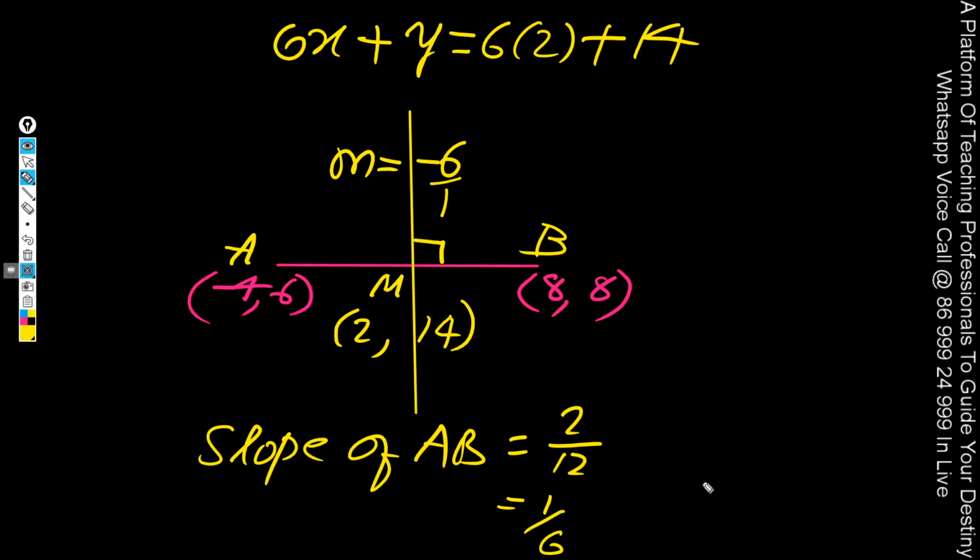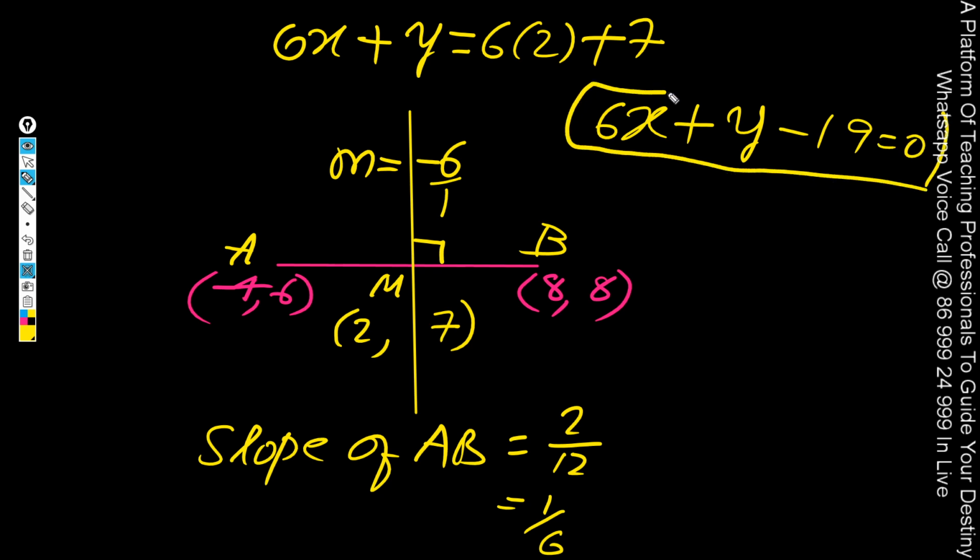Yeah, 14 by 2 you have to write. This is 7. Then that also becomes 7. So the answer is 6x plus y minus 19.